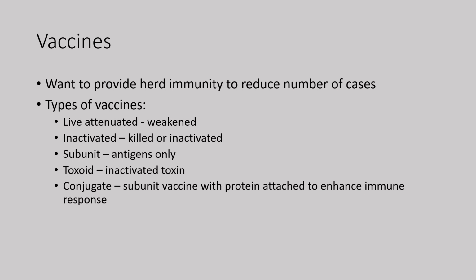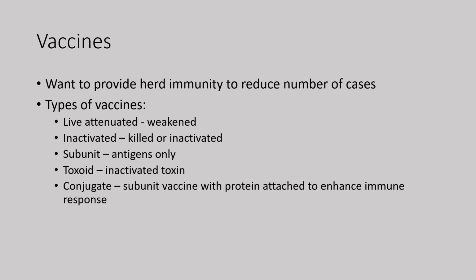They initially used what we call live attenuated. Attenuated means it's weakened. That's what they used to do. So they would use the entire bacteria or the entire virus. And there's a process you go through, adding chemicals, etc., to weaken it, to attenuate it. Is there a chance that you could develop the disease?